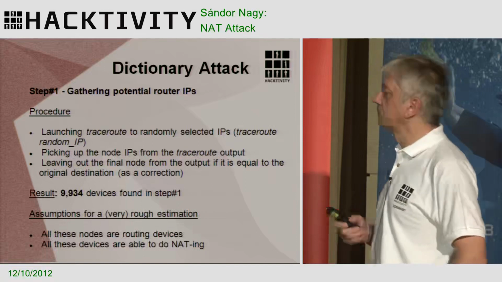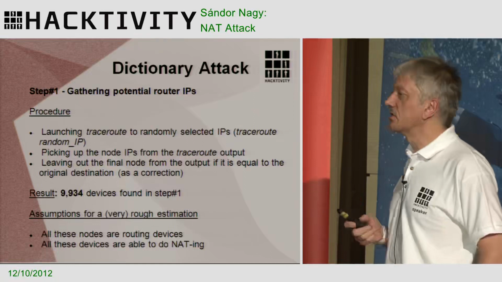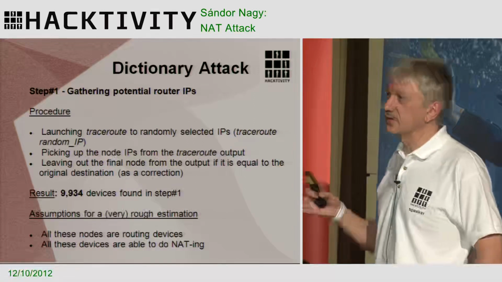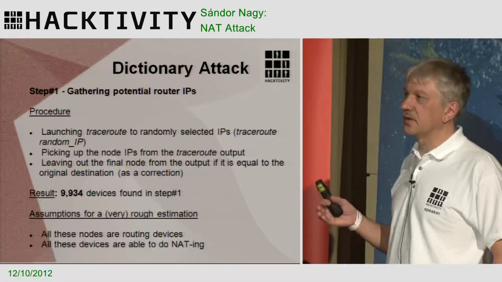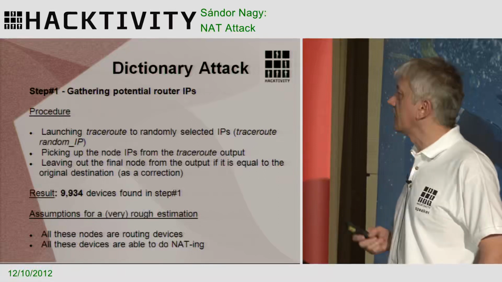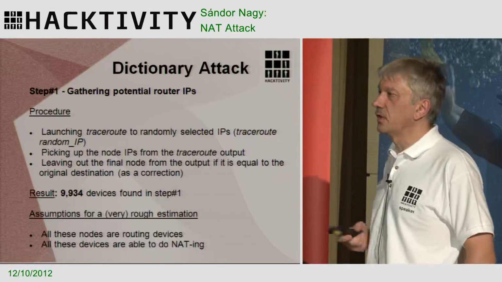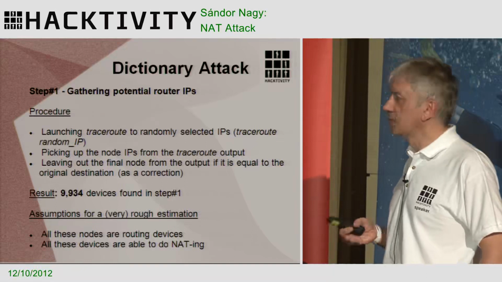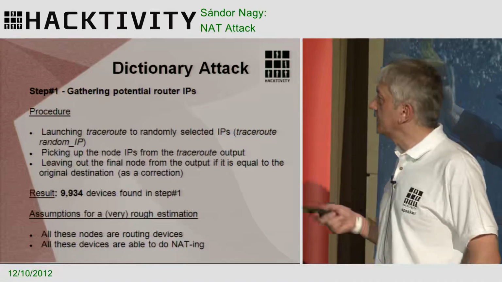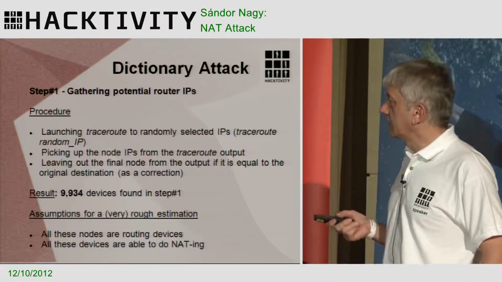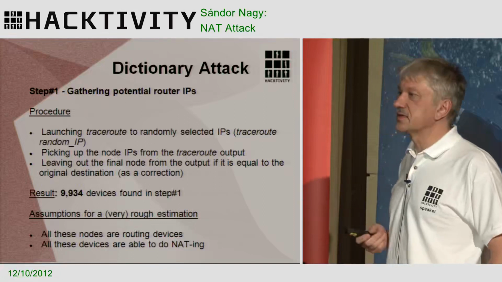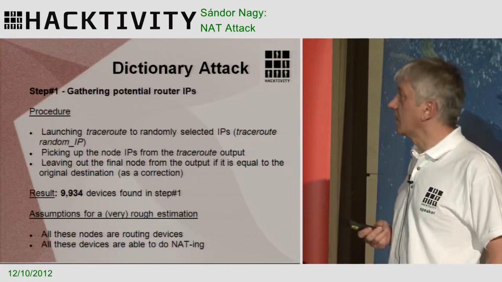With good probability, these nodes are router IPs. Of course, not all of them, but there are some router IPs. We just want a really rough estimation, so from our point of view, it works. At the end of this step, nearly 10,000 devices were found.